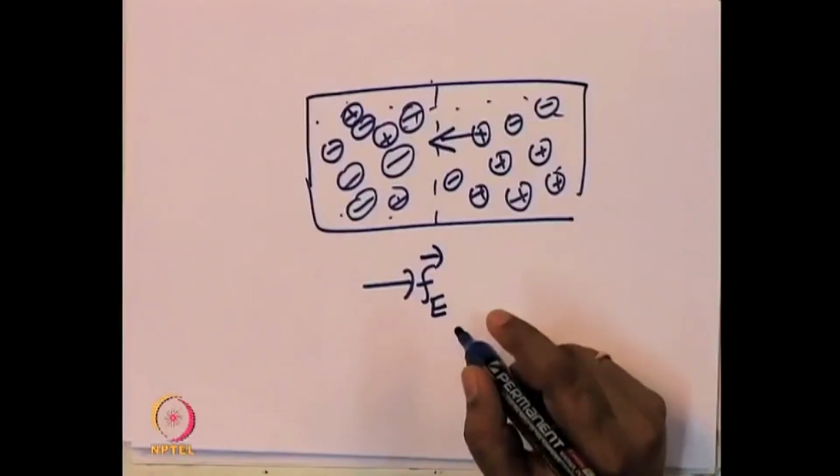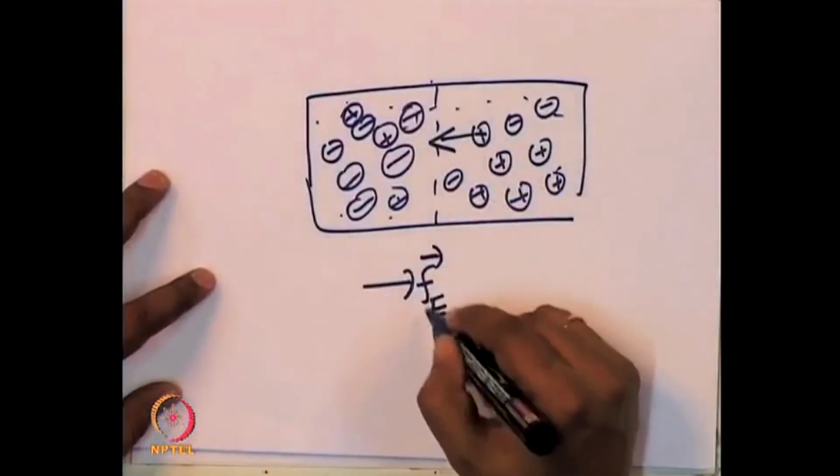If you push anything in water by a force F, especially very small ions in highly viscous medium, this is something called a low Reynolds number regime. What it means is that friction is very high. Compared to the size of the ions, the friction is very large.